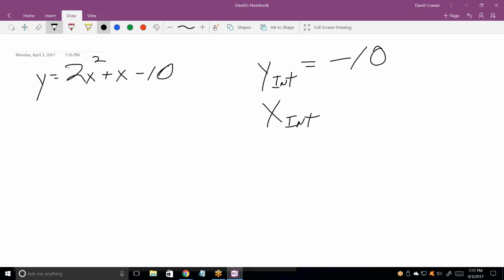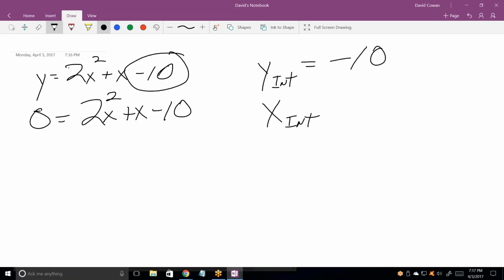Put 0 in for Y. Okay, so I have to solve this equation, and notice I didn't have to solve anything for the Y-intercept. I just had to look at what the constant was. But to solve this, I need to factor it. Does that factor? Yeah. To what?